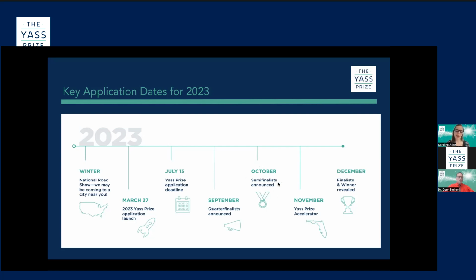But at that point in Cleveland, we will be breaking the group in half to identify our 32 semifinalists, which will each receive up to $250,000. Then those 32 will come with us to Miami for the YAS Prize Accelerator. We will have a whole separate webinar on the accelerator, which is one of our pride points as an organization. And then finally, we will reveal our finalists and our $1 million winner live from New York City in December to close out our year.